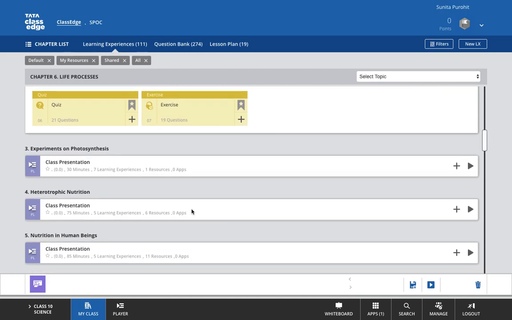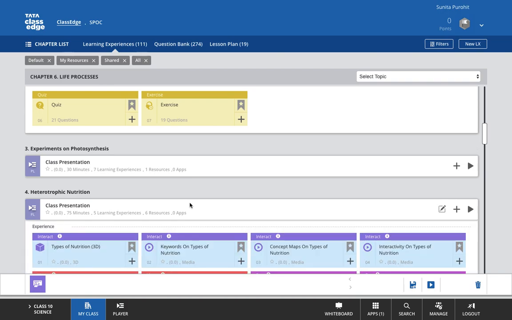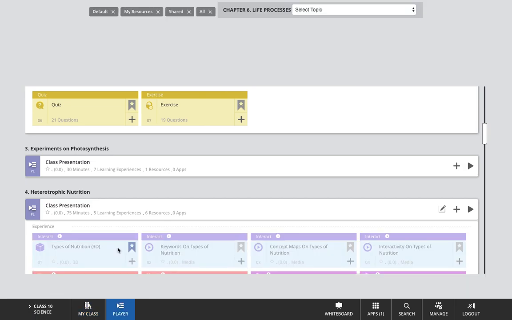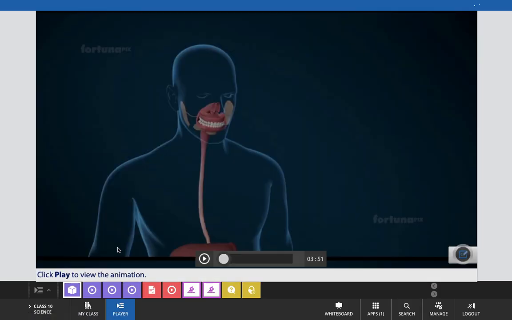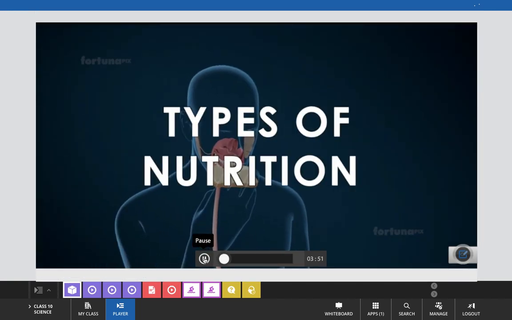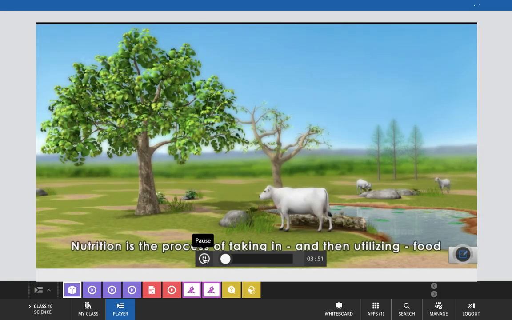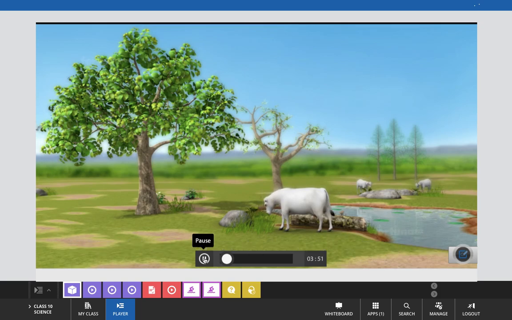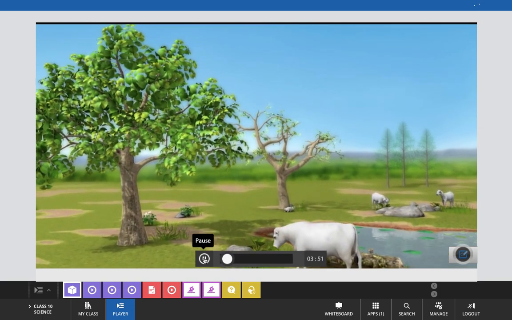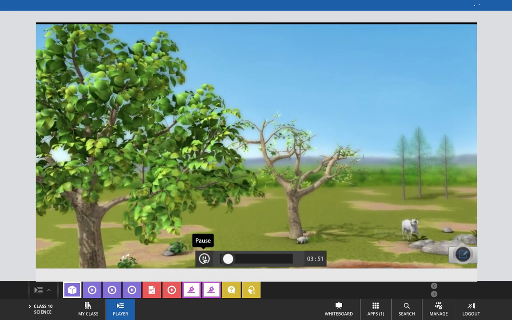That is heterotrophic nutrition, in which with the help of this 3D we will revise the types of nutrition. Types of nutrition. Nutrition is the process of taking in and then utilizing food. Not all organisms use the same method for taking in their food.